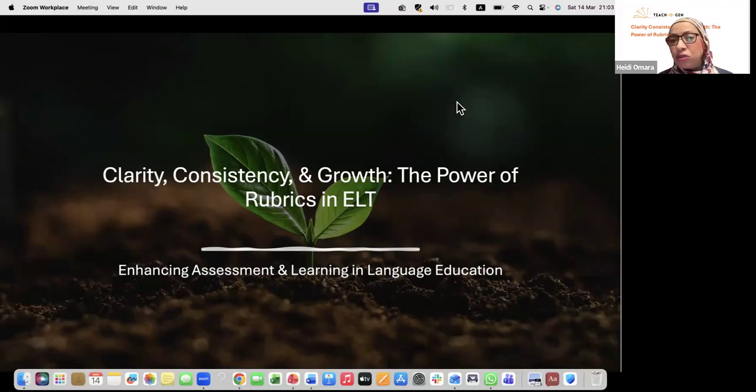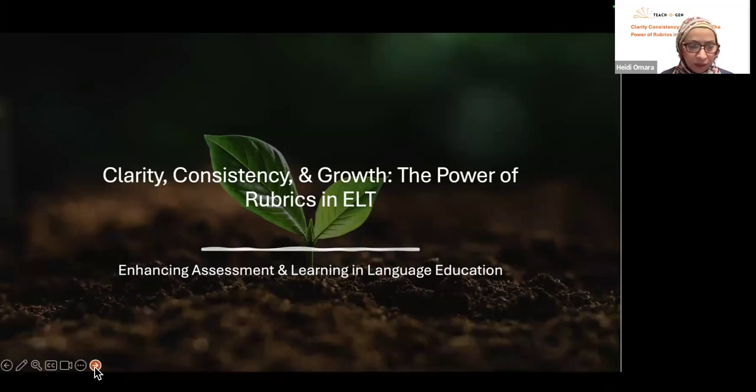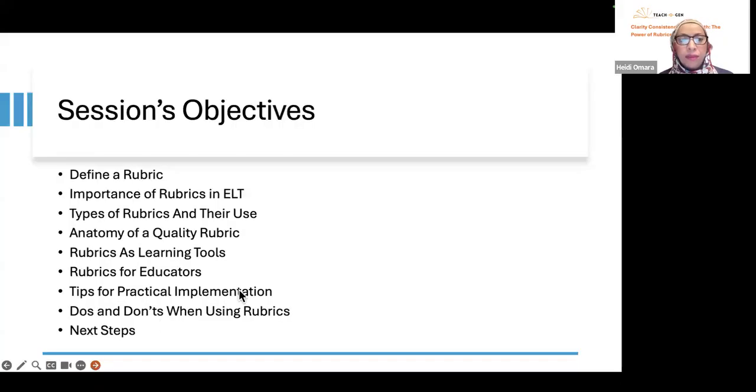So that will take us to the importance of rubrics today, because maybe it's new for some of you. I would like to share with you this information about rubrics and their importance. So these are the session objectives. Have a look at them very quickly before we move to the next part, which is what are rubrics and why are they important?